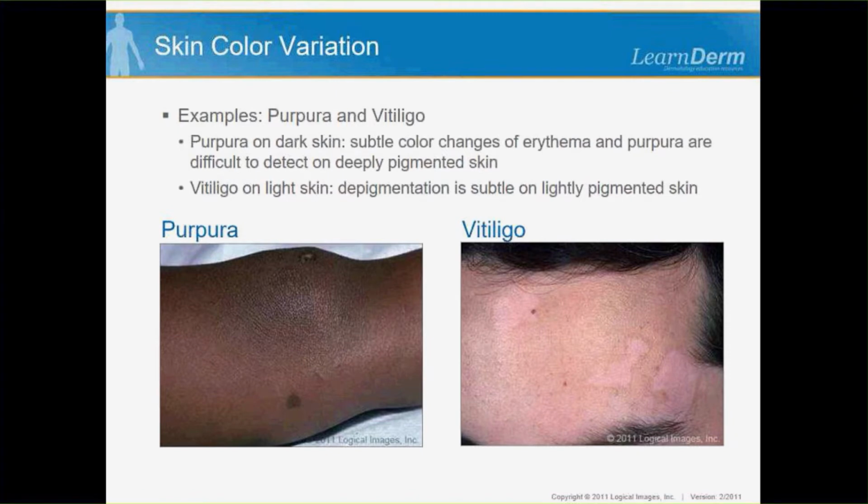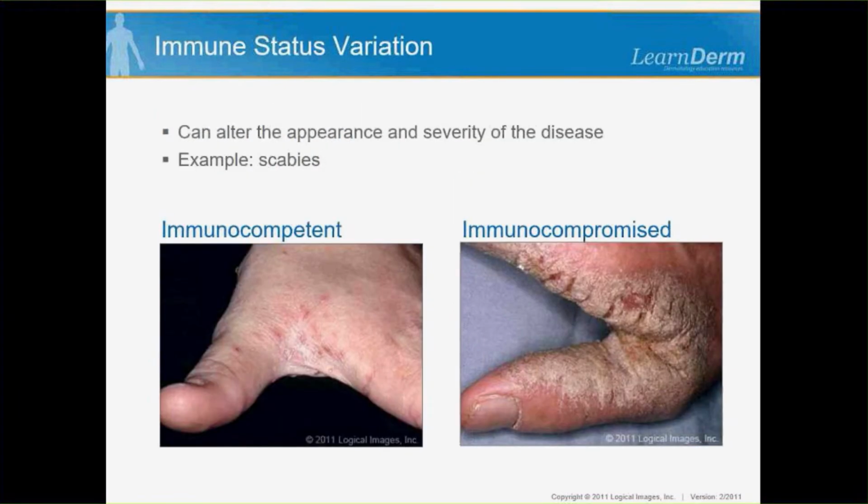And so this slide is all about how subtle redness or erythema or purpura can be in brown skin. So if you have redness or purpura, signs of inflammation, it's going to present as darker brown in brown skin. And then on the right, vitiligo can be very subtle in patients with very light skin. So skin color causes variation.